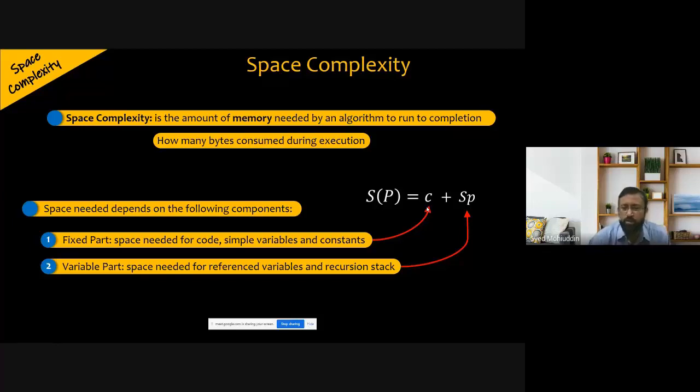But we are more bothered about the variable part, which is nothing but the reference variables and recursion stack, that is SP. So it is the constant fixed part plus the variable part, that is the amount of memory needed by the constant as well as the variable part.